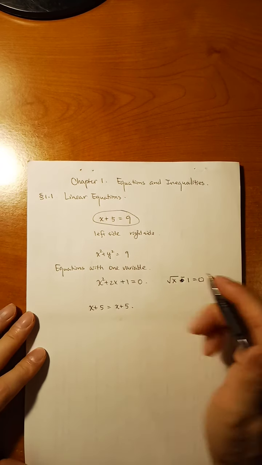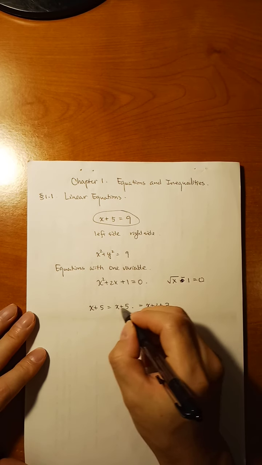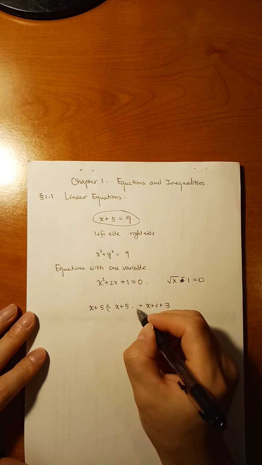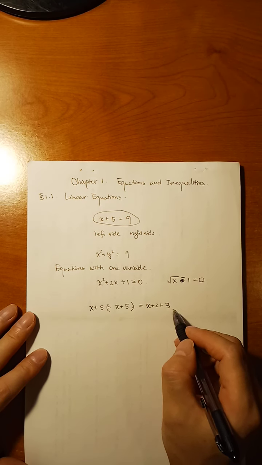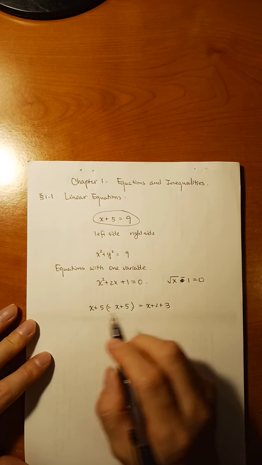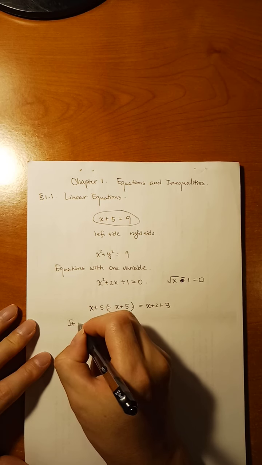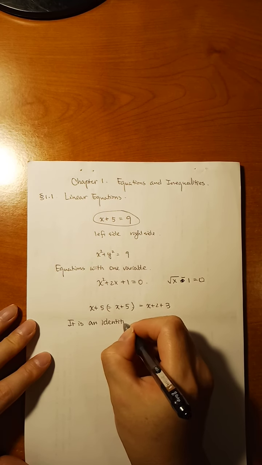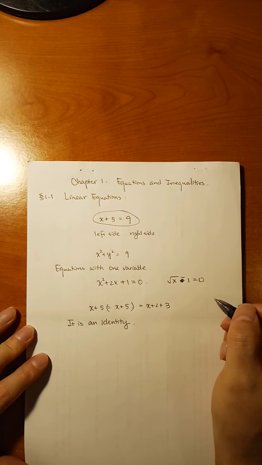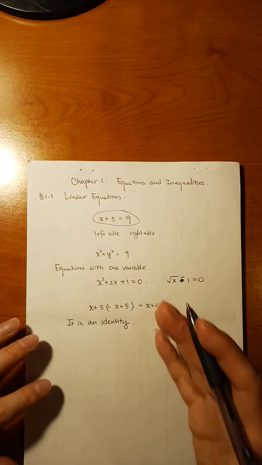Maybe you write x plus 5 is equal to x plus 2 plus 3. If this happens, it works for all the possible numbers. It's called an identity. Identity, you don't need to solve. It's always true.